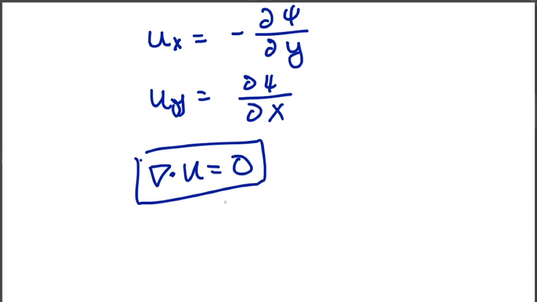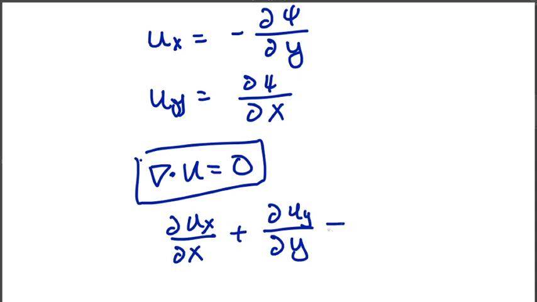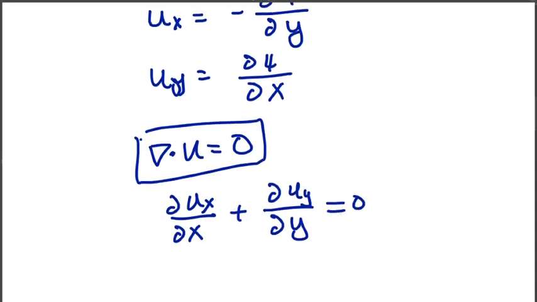In particular, if the divergence of u is 0, then we have du_x dx plus du_y dy equal to 0. That's our contraction for a two-dimensional velocity field.